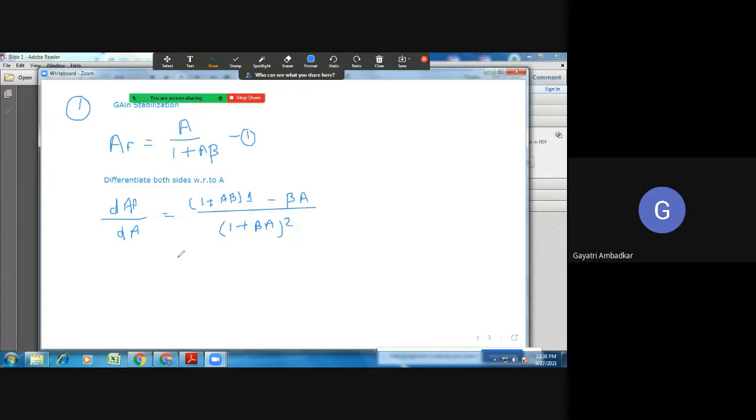If you solve this, it will be 1 plus A beta minus A beta, divided by 1 plus A beta, whole square. So this gets cancelled, and it will be 1 upon 1 plus A beta, whole square.